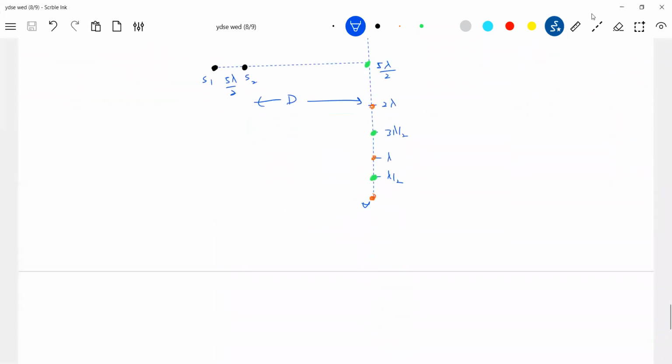Okay, we'll take the next one. After this, another very important topic is Lloyd's mirror. Then there are two sources, and if I move around a circle, these are very fundamental problems that can be asked in JEE Advanced.